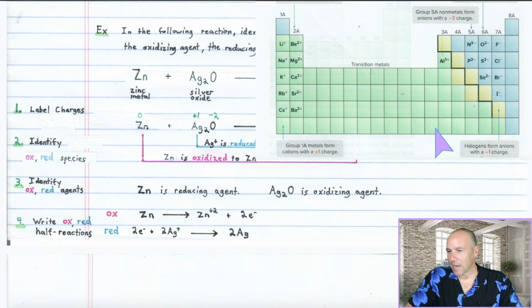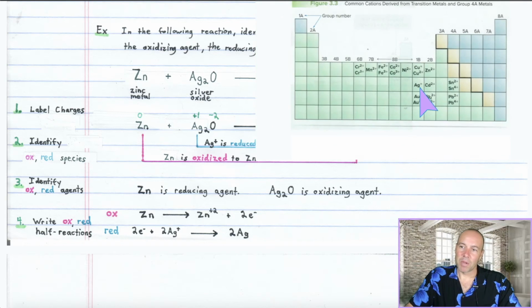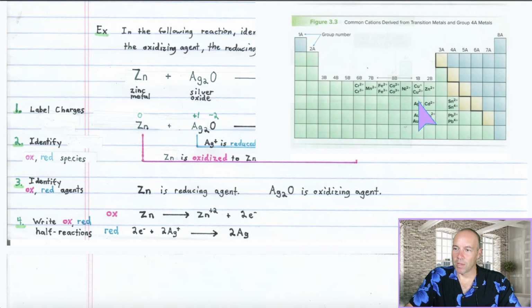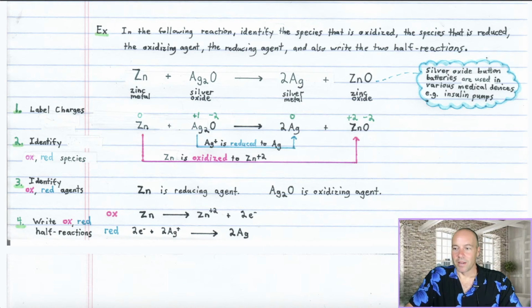Now the silver is down here, and you might think silver forms more than one type of ion, but if you check that second periodic table, that figure 3.3, silver actually tends to form +1 ions. That's the type of ion silver is. And so you can see it takes 2 of these silver +1s to balance the -2 oxygen.